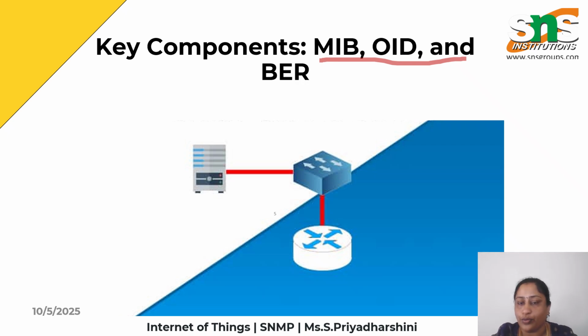The next one is your OID, the Object Identifier. It acts like an identifier, and each and every SNMP device will have a unique object identifier. Then you have the Basic Encoding Rules, BER, which give the transmission rules that have to be applied in these devices.